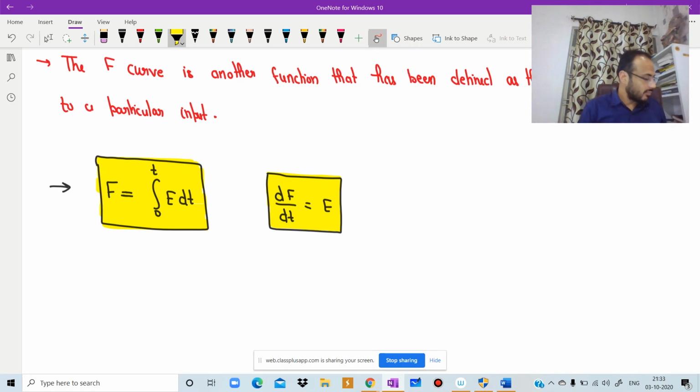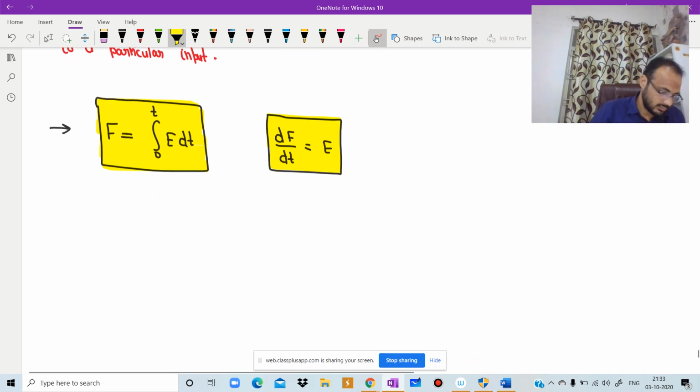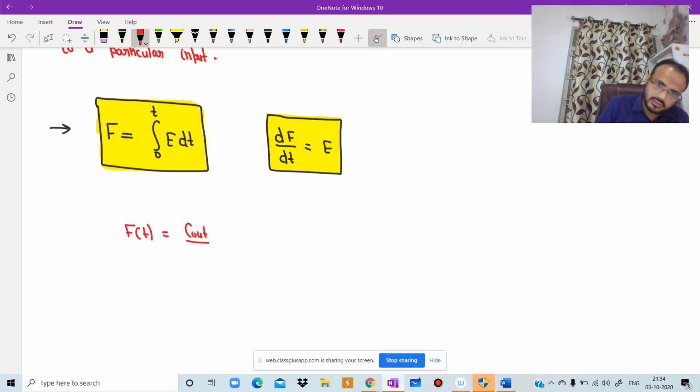Now we will make some comparison between both the tracer techniques. Some positive and negative points we will discuss. I have already defined that F of t is nothing but C out divided by C naught for a step input.